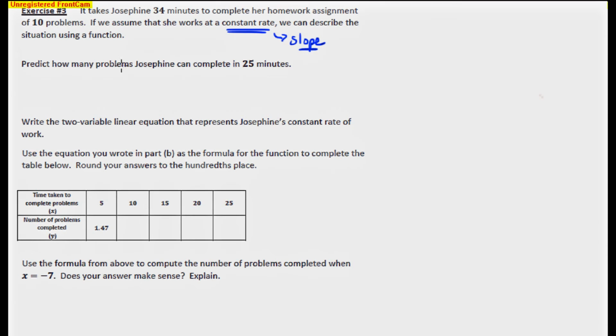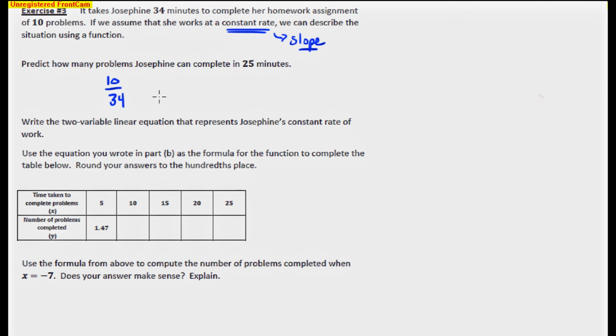All right, well, we've done this for a while now. We can set up a proportion to figure out how many problems she can do in 25 minutes. So let's make this into a rate, or again, I'm thinking in the back of my mind slope. All right, because I know what's coming next here. So it takes her 34 minutes to do 10 problems. So I'm going to write that as a rate, 10 problems in 34 minutes.